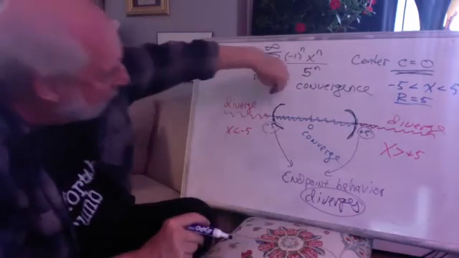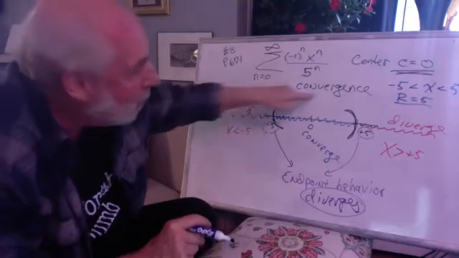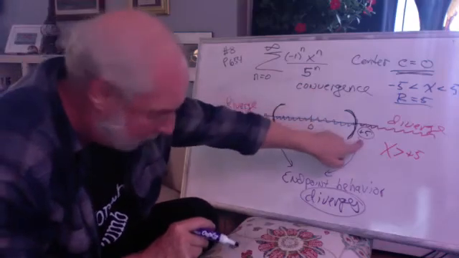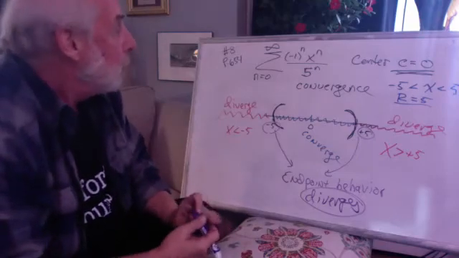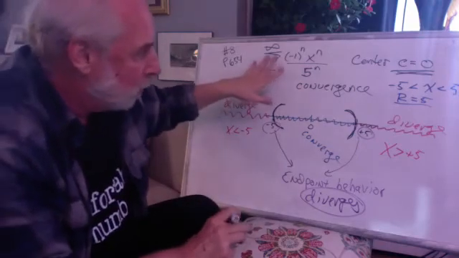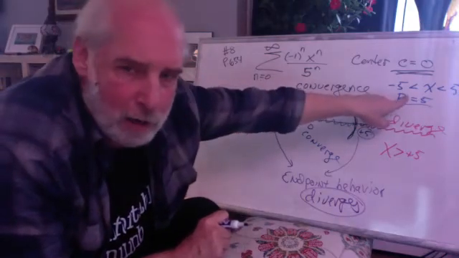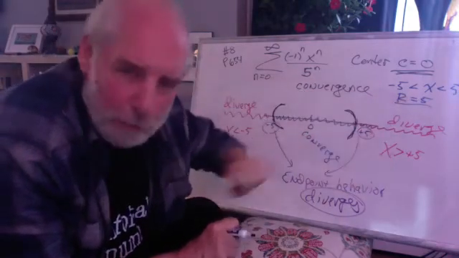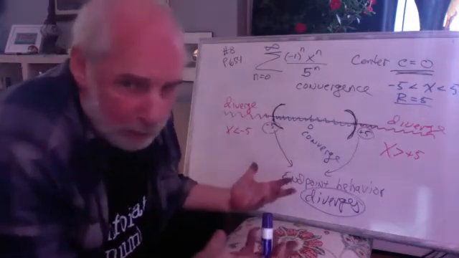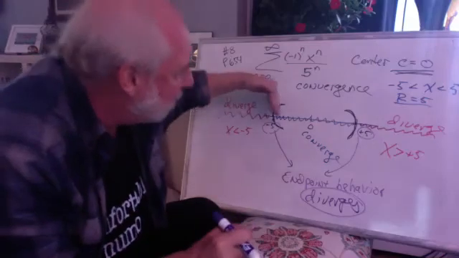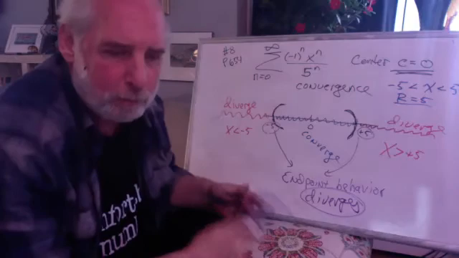So that picture, the round parentheses means does not include negative 5. Round parenthesis means doesn't include that. So this picture is the answer to this problem. This power series will converge for all values of x between negative 5 and 5, and it will diverge for any other value of x. So your airplane wing that you just designed is only safe in between those numbers, whatever they might mean.